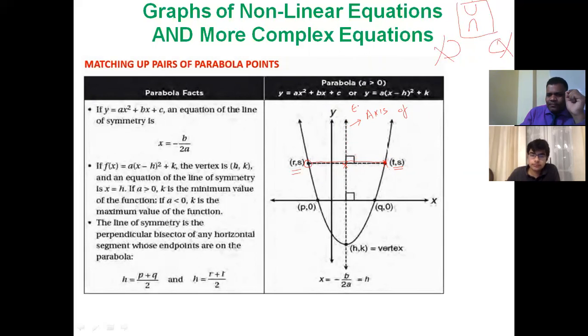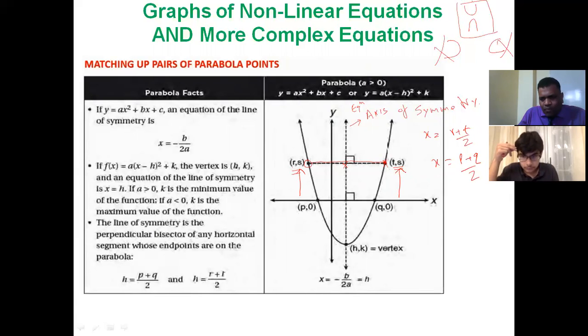The equation of the axis of symmetry is x equals r plus t over 2, or p plus q over 2, depending on whatever information is given. So you'll get the axis of symmetry. And the y coordinate is the same here because you are taking the matching point of the parabola. So the y coordinate is always the same.